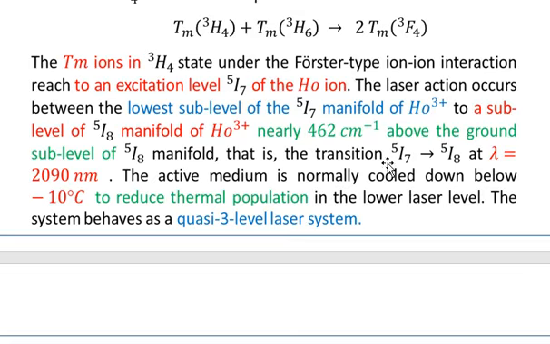That is, the transition from 5I7 to 5I8 will give you lambda at 2090 nanometers.